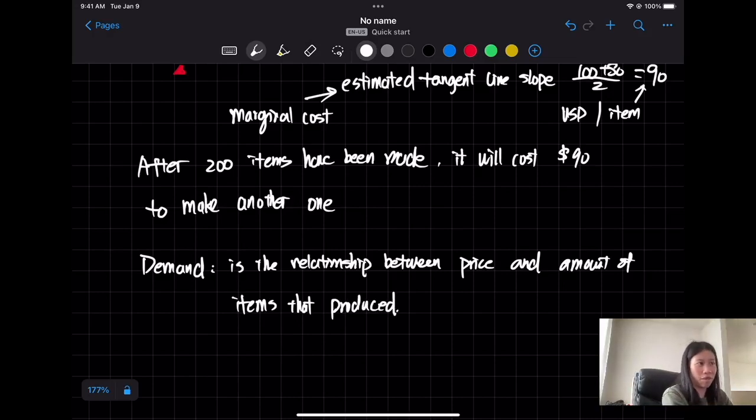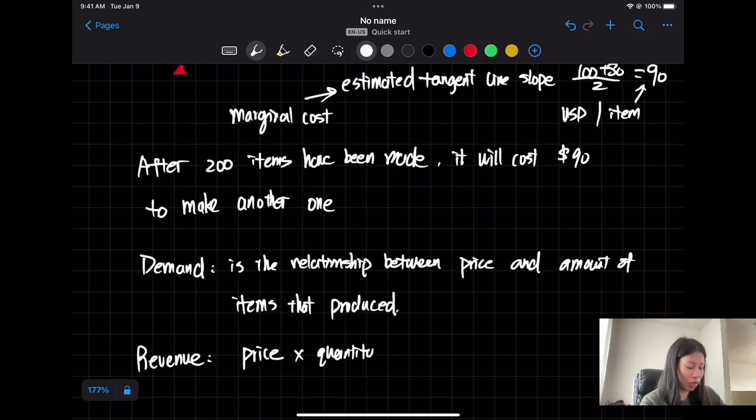Also, we have revenue. Revenue is the price for each item, the unit price, times the quantity that you sold. That would be your revenue.